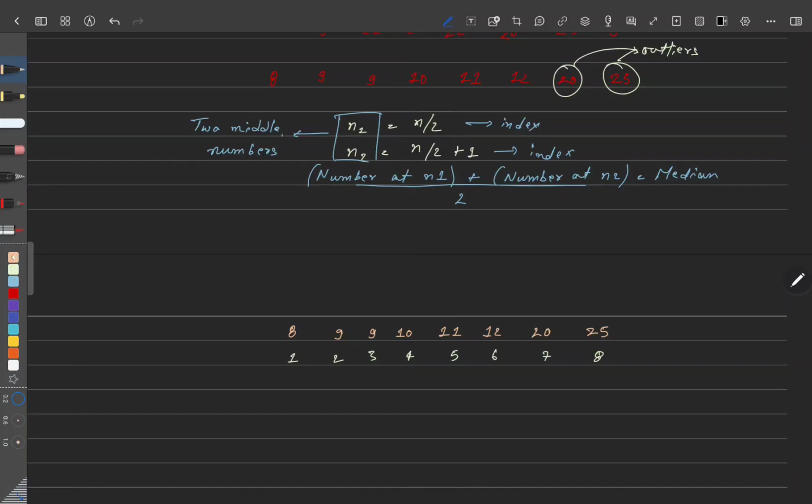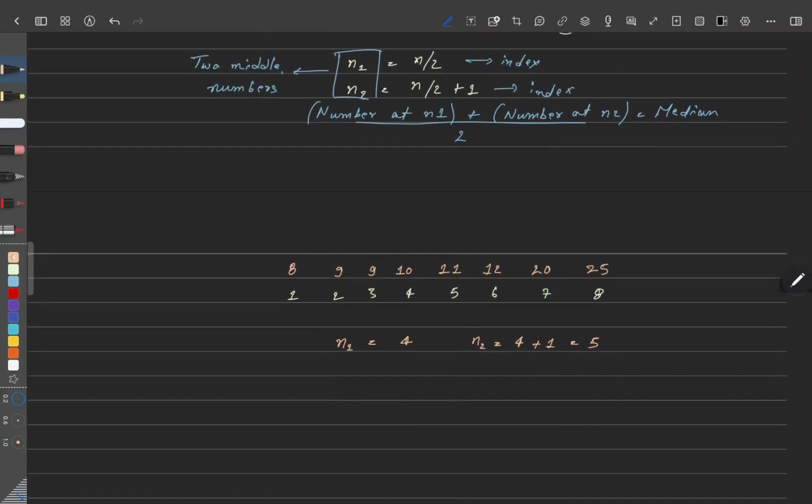Now let's work through the formula. n1 is equal to n by 2, so that is 8 by 2, so 4, and then n2 is equal to n by 2 plus 1, so 8 by 2 is 4 plus 1, we have 5.